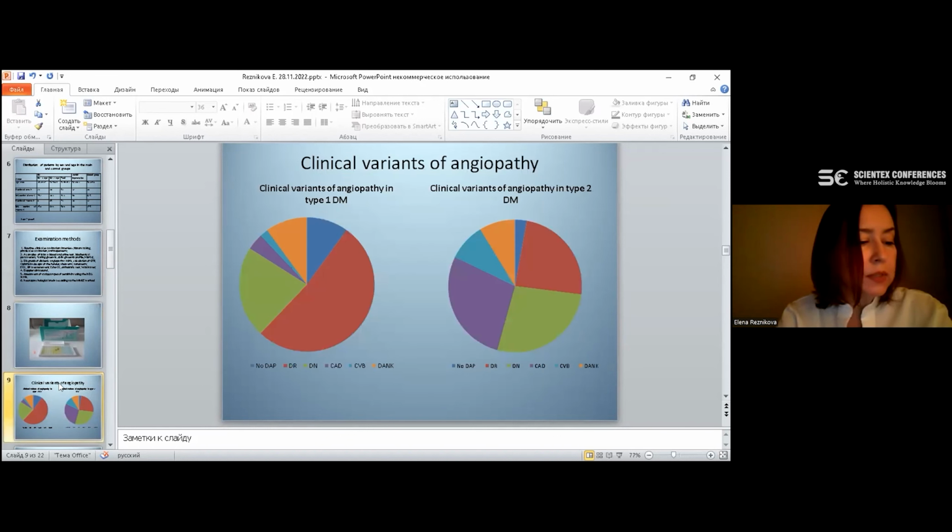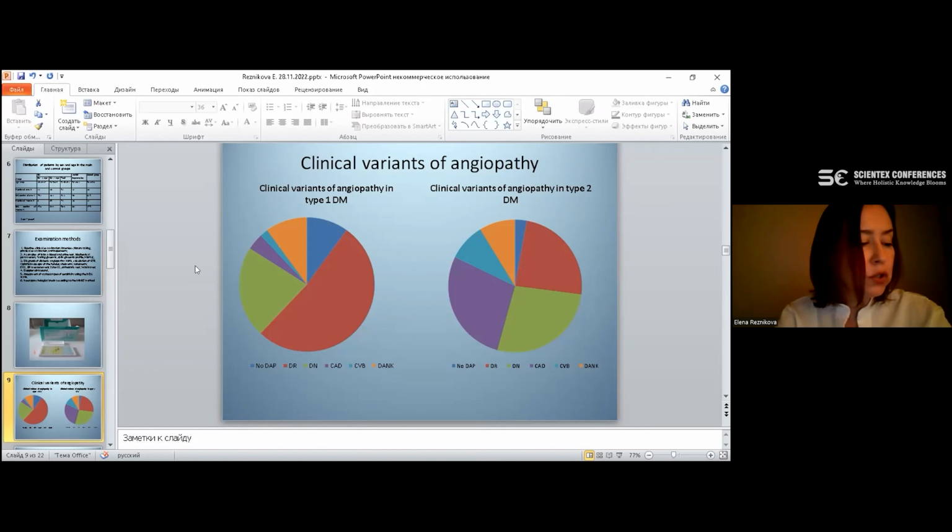Various types of diabetic angiopathy were diagnosed in 107 patients with diabetes mellitus, 86.3%. The structure is presented on this slide. The most common microvascular complication was diabetic nephropathy of various stages.